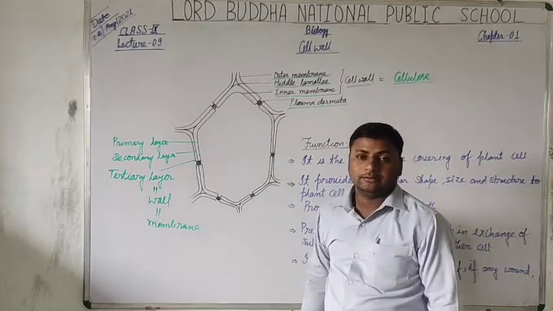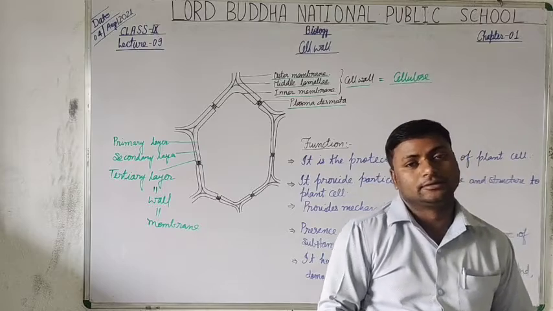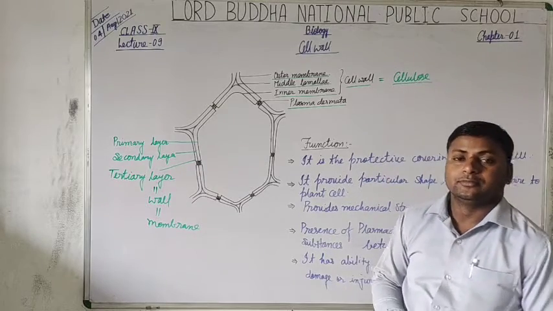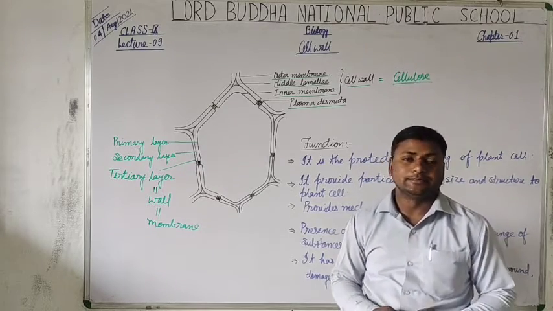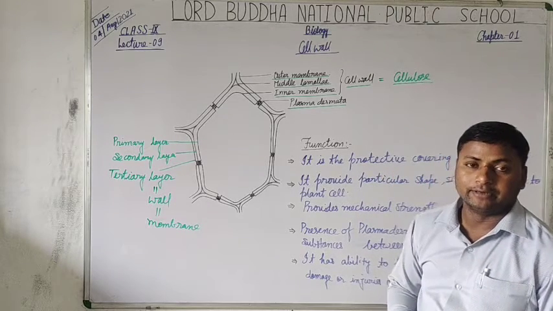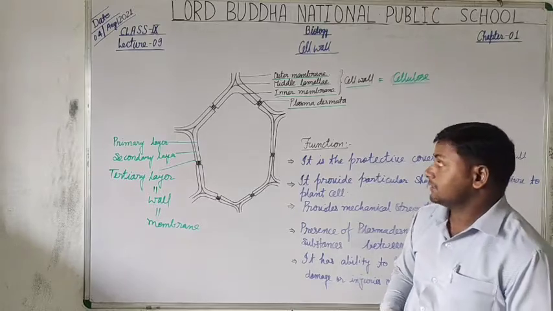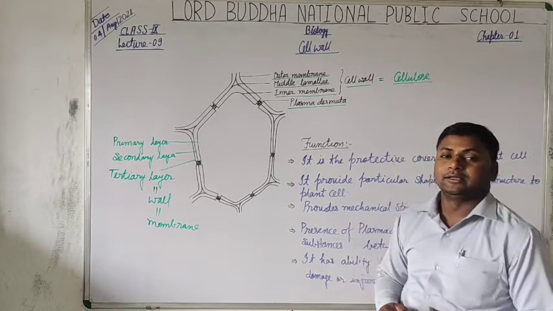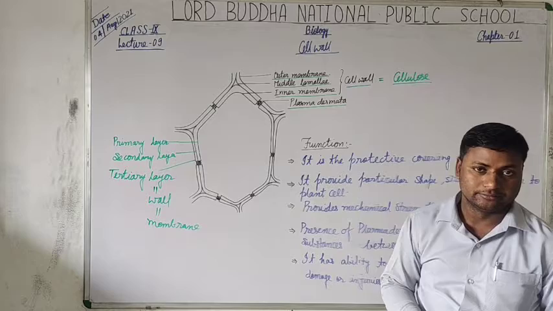The middle lamella contains some cementing like substance, that is lignified, and its outer layer is lined by amylopectin.